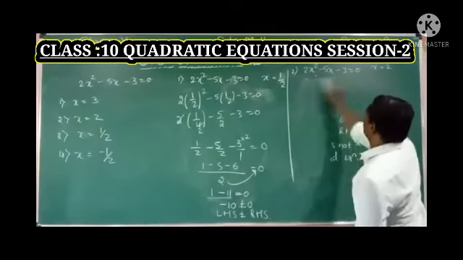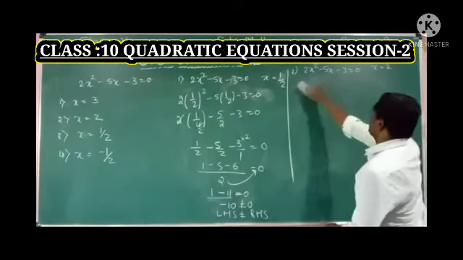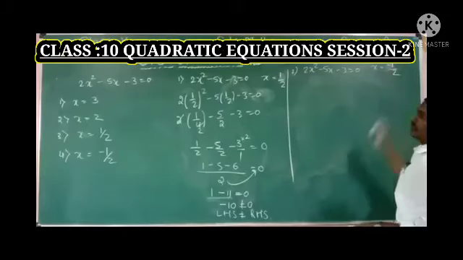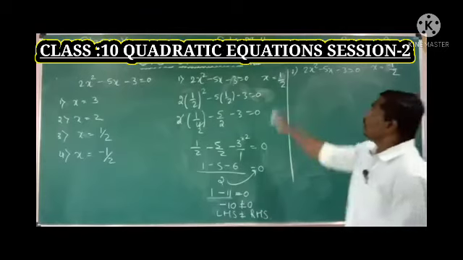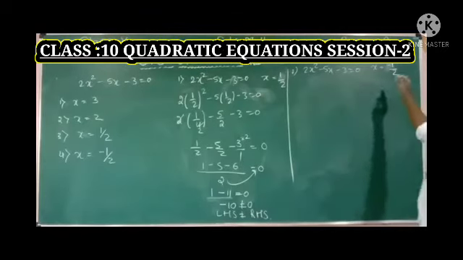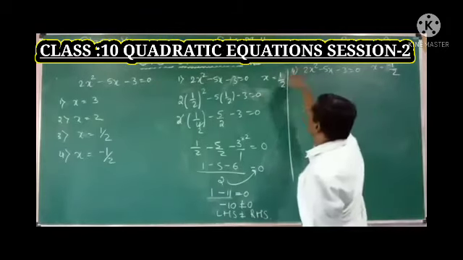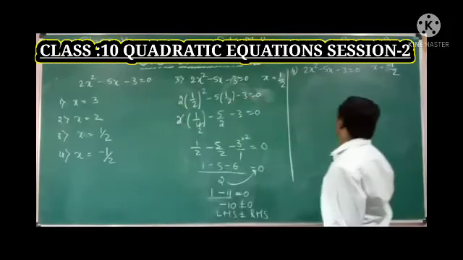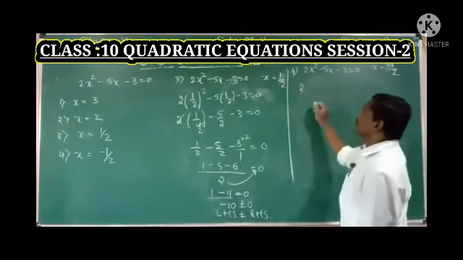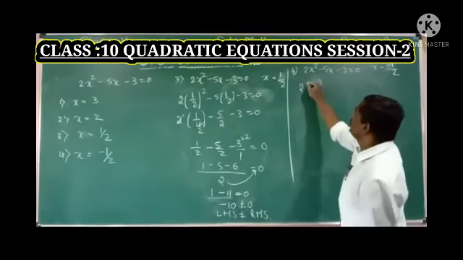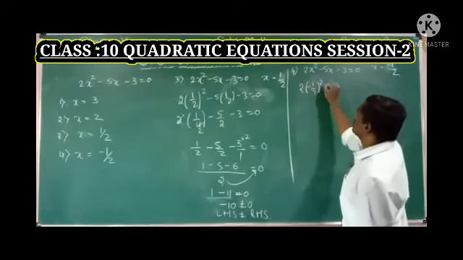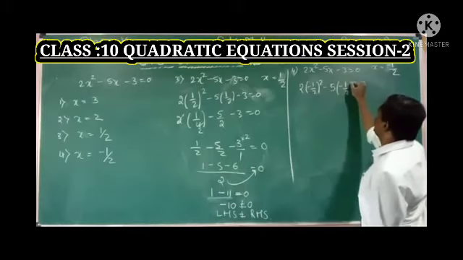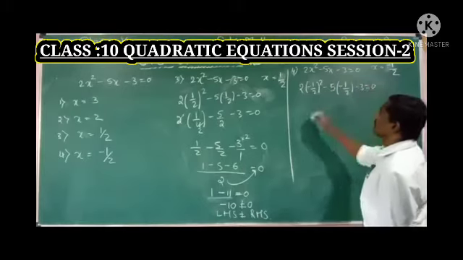Next, fourth one, same quadratic equation and the given x value is minus 1 by 2. In the third question they gave plus 1 by 2. In the fourth question what they have given? Minus 1 by 2. 2 into minus 1 by 2 whole square minus 5 into minus 1 by 2 minus 3 which is equal to 0.